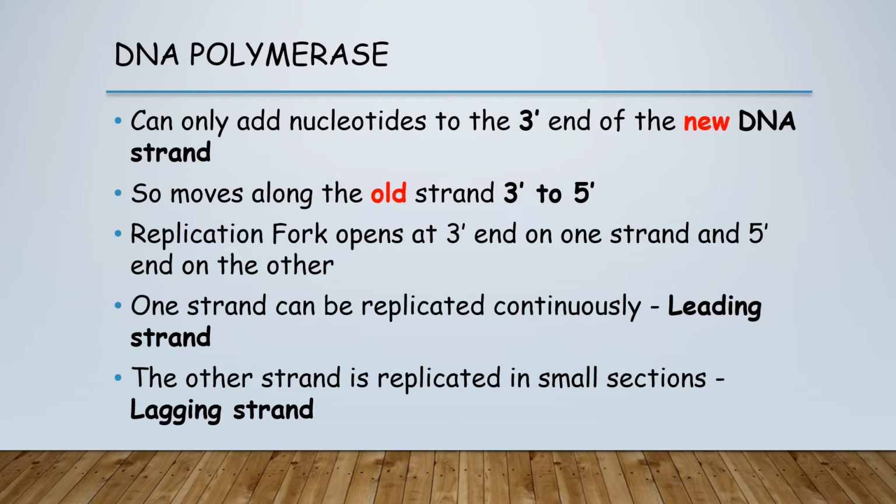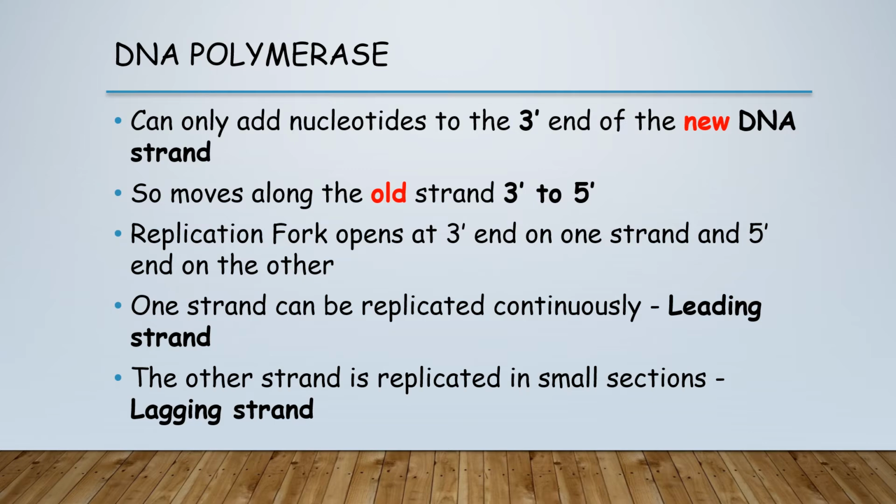However, the replication fork effectively is opening at different ends on our different strands. So our top strand would be referred to as the leading strand. It's being replicated continuously because where DNA polymerase needs to add a new nucleotide is continually being freed up by DNA helicase unzipping our original template strands.